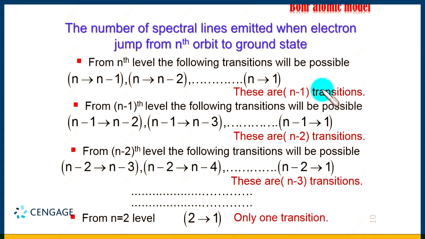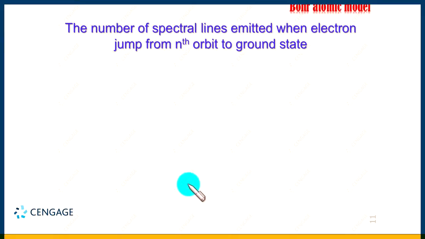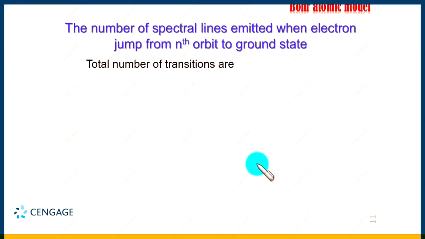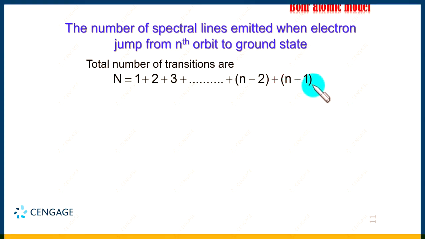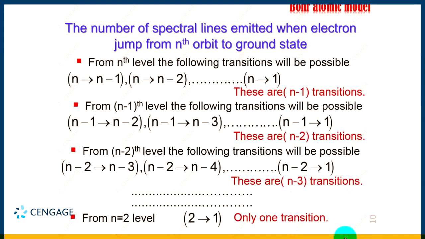If we add these number of the transitions, that is 1, 2, 3, n minus 3, plus n minus 2, plus n minus 1. So, let us add the number of the possibilities now. This is 1 plus 2 plus 3 up to n minus 2 and n minus 1 finally, because the final was n minus 1 here.